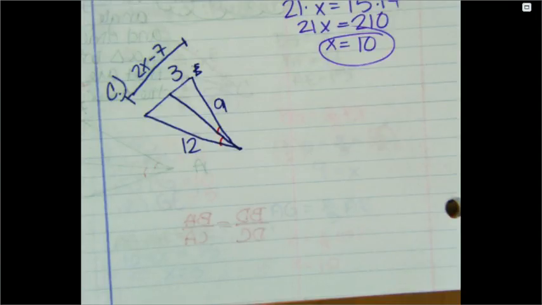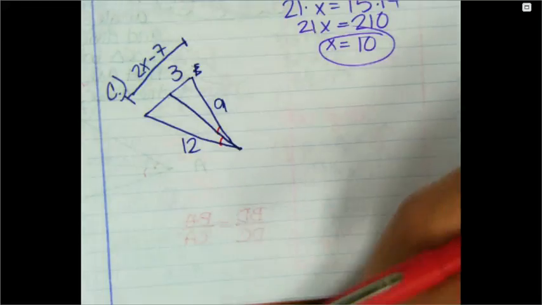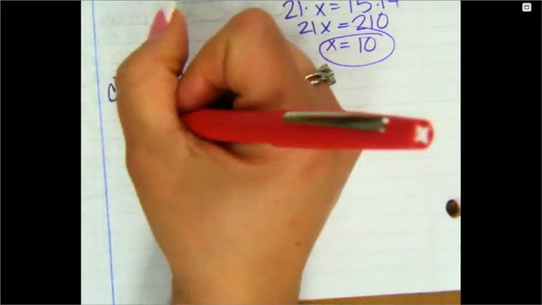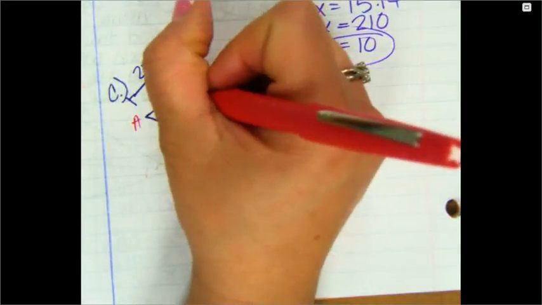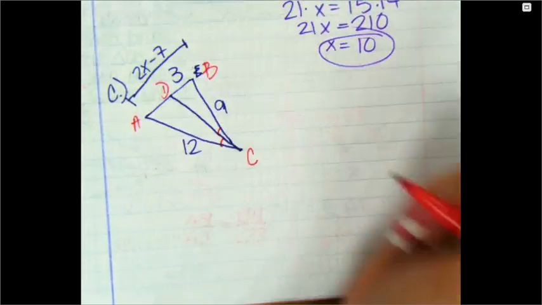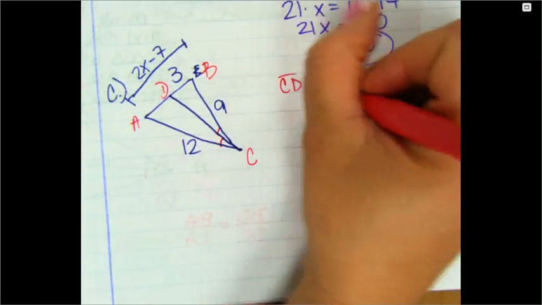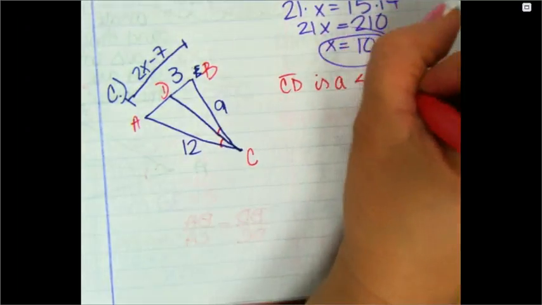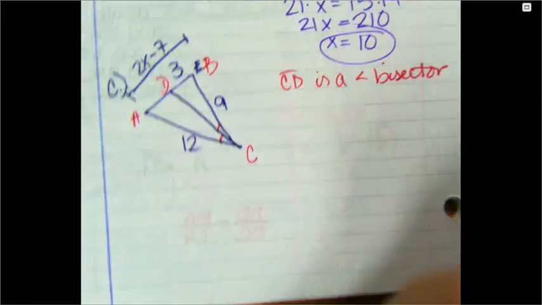All right, what do we know? It's an angle bisector. Could you give it letters? Yes, all right, so we're going to call this A, B, and so on. So you know that CD is an angle bisector. What else do you know?